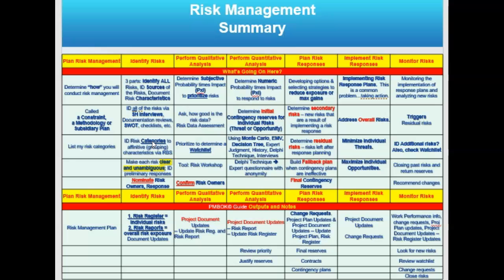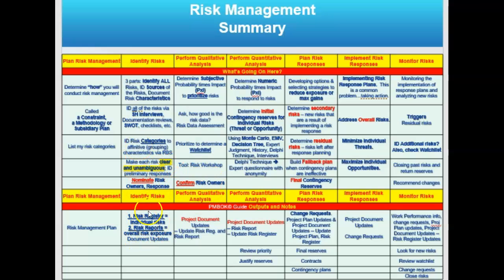If I have a water category, right, I can respond to water, whether it's rain or flood or hurricane, right? And so I want to make each risk clear and unambiguous when I'm identifying them. And I'm even going to begin to nominate a risk owner. Notice the risk owner gets confirmed in qualitative analysis.